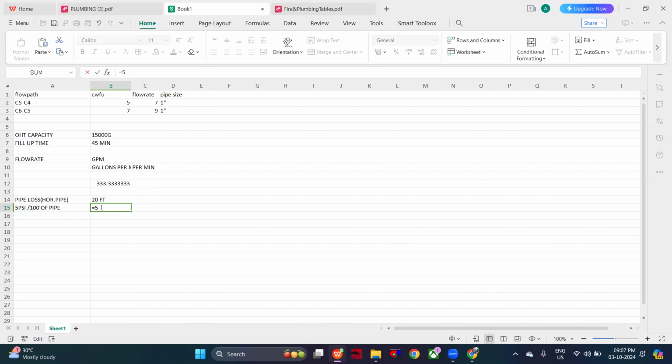Divide 5 by 5, that is 1. So for 20 feet of pipe, it's 1 psi.